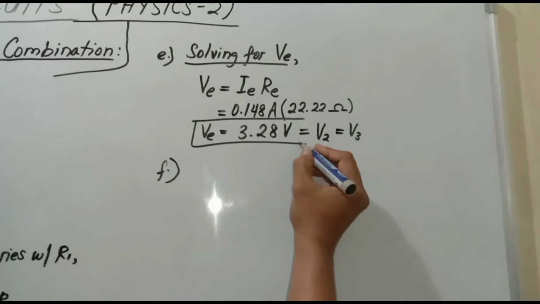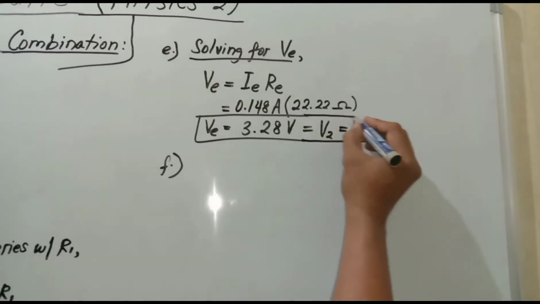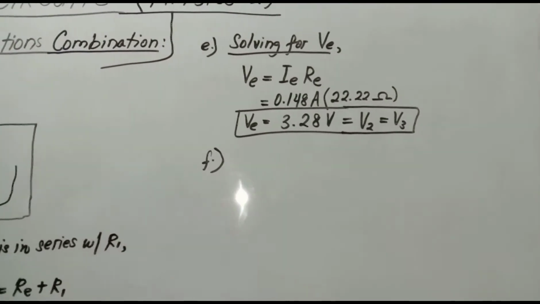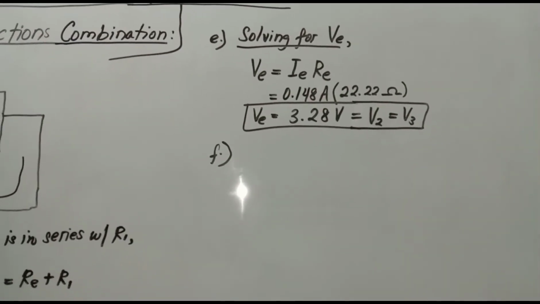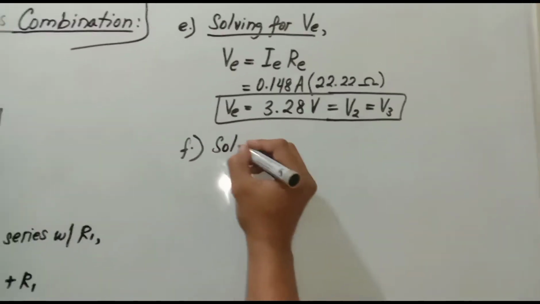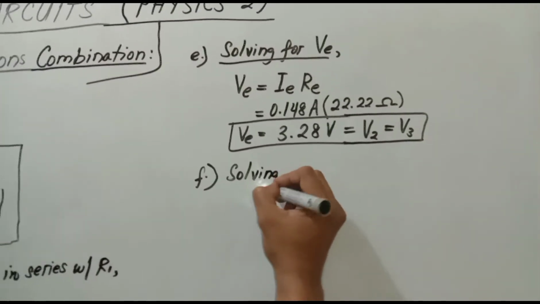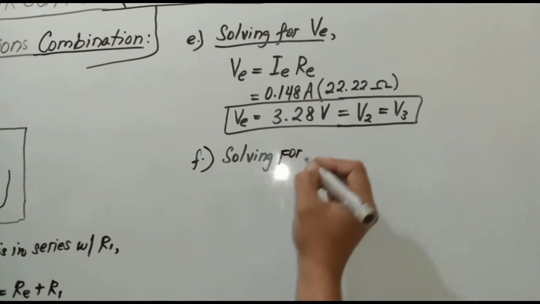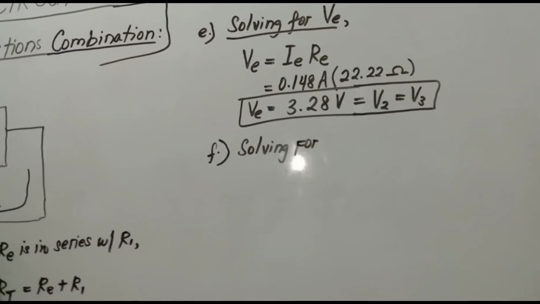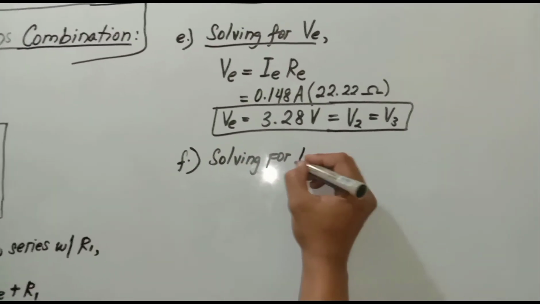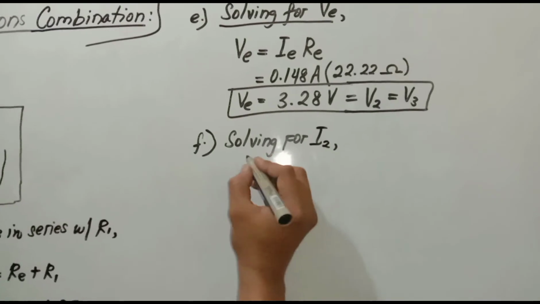Now, solving for I2, the current flowing across R2.